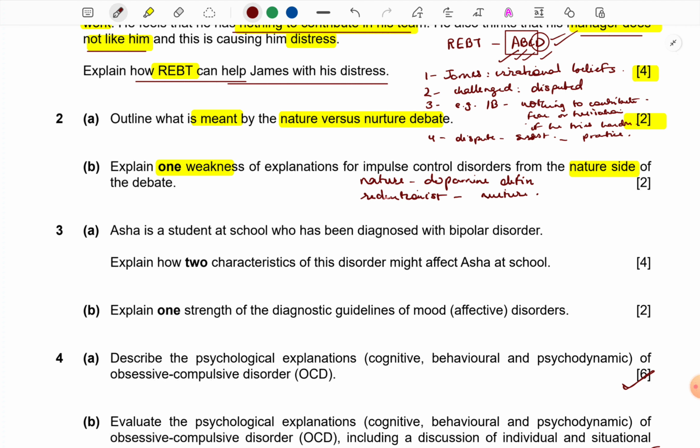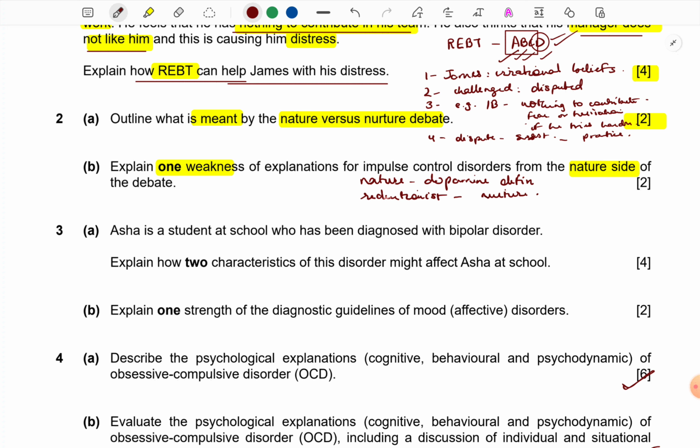How does your critical thinking get represented in this? So you have to point out, you have to give a specific example again from what you've learned today, but you have to show your critical thinking and show that you know what could be the nurture explanation for impulse control disorders.